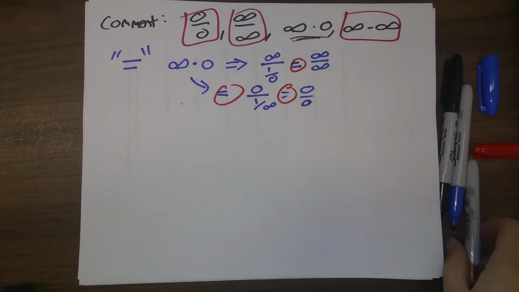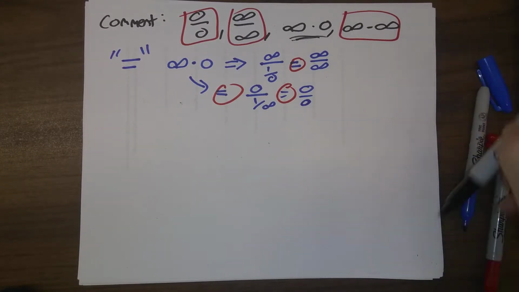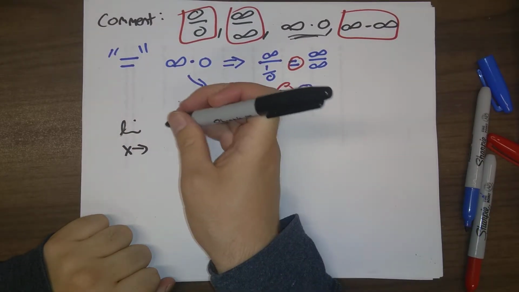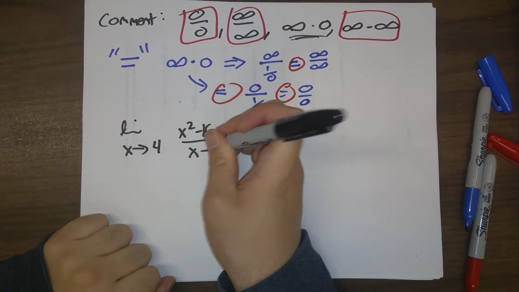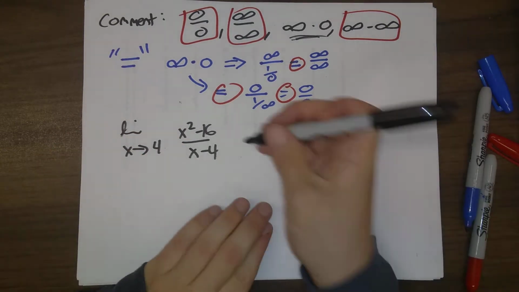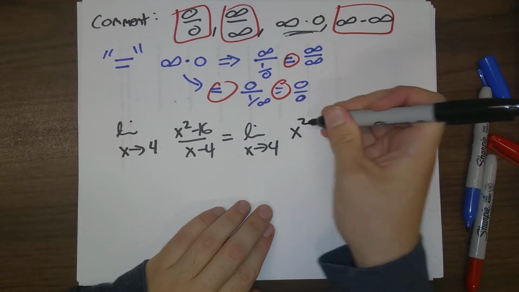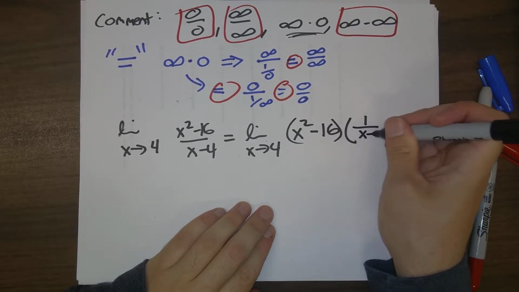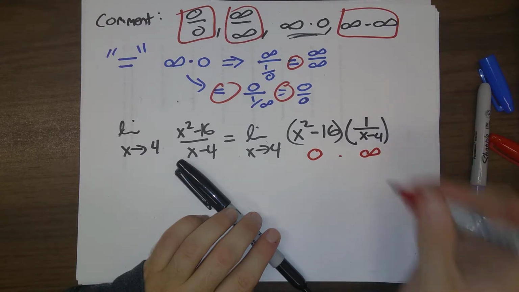So let's go back to one of our most basic examples, the limit as x goes to 4 of x squared minus 16 over x minus 4. We see that right now this is 0 over 0 form. We could have rewritten this as the limit as x goes to 4 of x squared minus 16 times 1 over x minus 4, where now this goes to 0 and that goes to infinity.